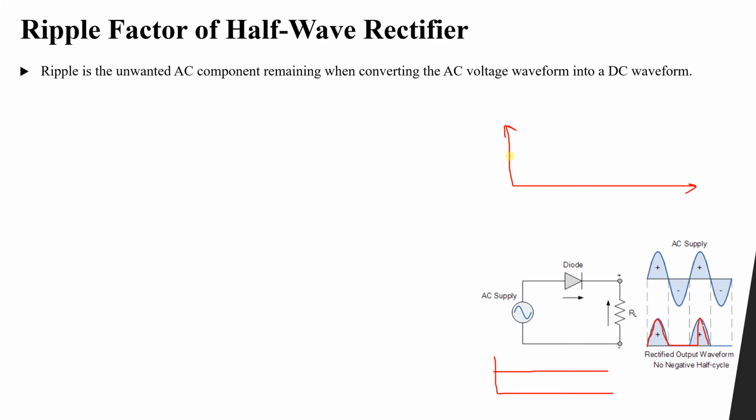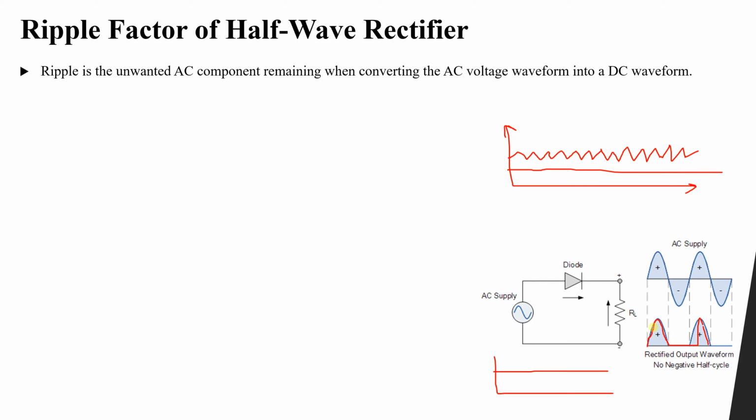Similarly, if we have an output signal like this, this is also considered DC, however with ripples. This variation, going up and down like this, is called ripple. However, a pure DC would be a constant value.